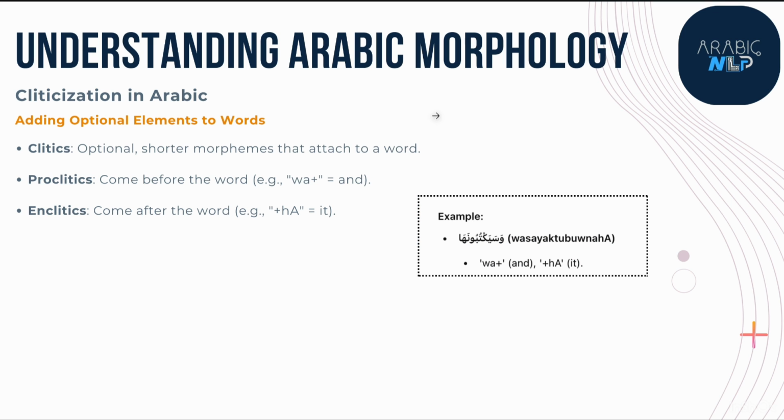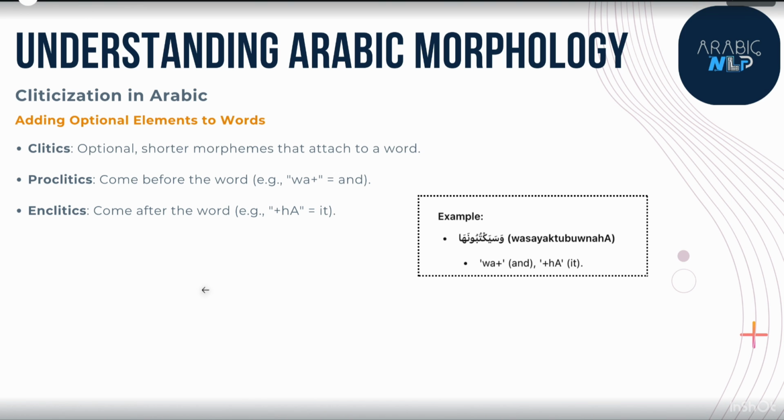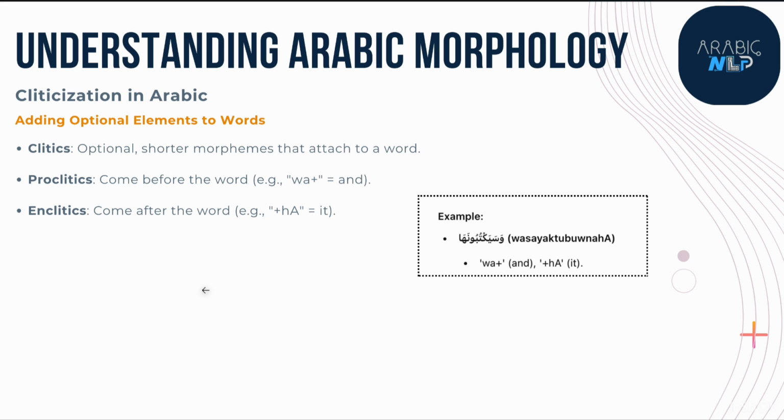Also, we have the clitic, and we call it cliticization in Arabic. So we add optional elements to our words. The clitics are optional, shorter morphemes that attach to a word, and they can be prefixes and suffixes, so we have the proclitic and the enclitic.